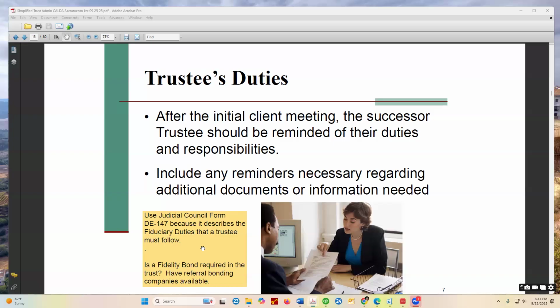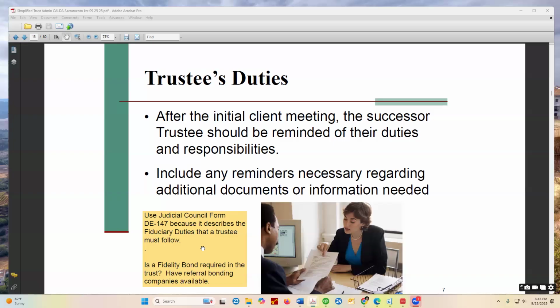You have to treat the investment accounts as low risk. You have to move assets into income producing unless the trust says otherwise. In that form that I'm talking about here, it's Judicial Council Form DE 147, and that's available online.